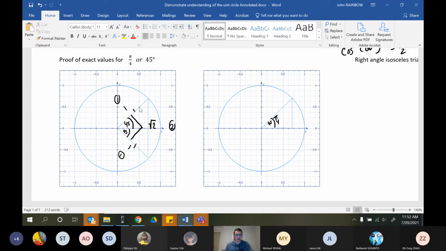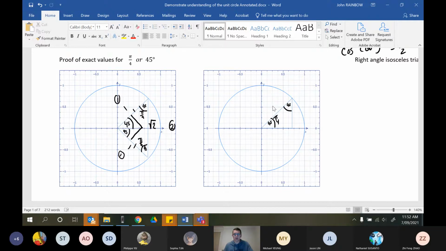That means these angles up here must also be 45 or pi on 4. And this must also be 45 because this is a 90-degree right angle, right? So if you turn your head slightly to the right, you can see that that's a 90-degree right angle. So these are 45 degrees, or we could call it pi on 4, either way. So we know this is pi on 4, 45, we've halved it. This also has to be 45.